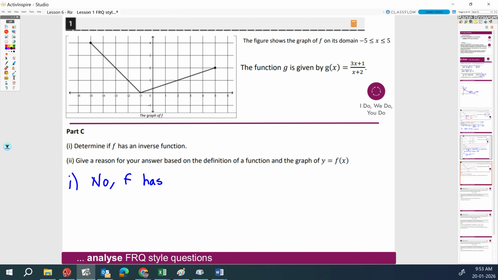F has no inverse function. Do not answer as a single word, no. Do not start explaining why. That's part 2. Try and separate the two out. No, f has no inverse.